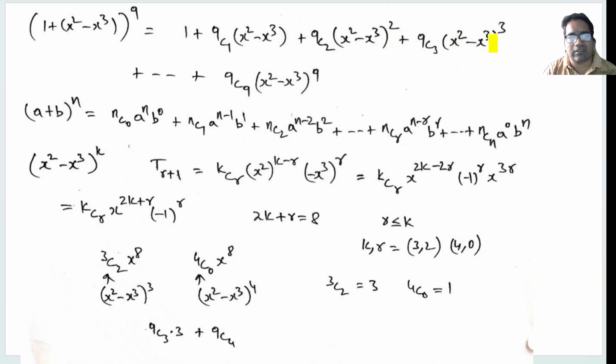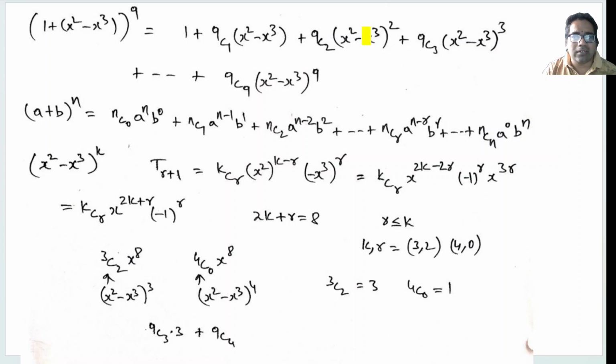Similarly, nc3 x square minus x cube whole power 3. Likewise, till nc9 x square minus x cube whole power 9. This is the expansion.